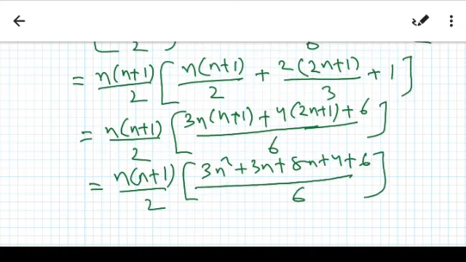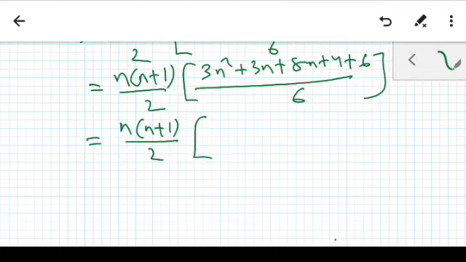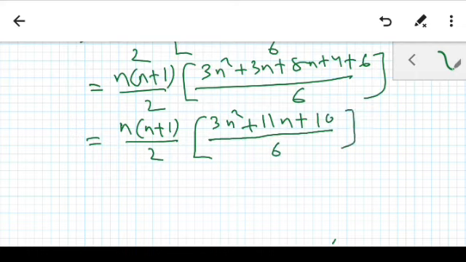So now look at this. That is equal to n whole into n plus 1 divided by 2. Again this is 3n square plus 11n plus 10 divided by 6.